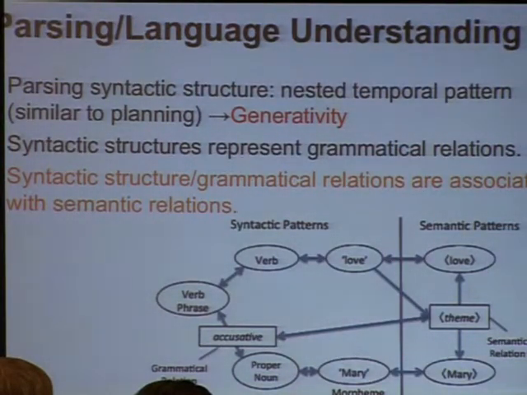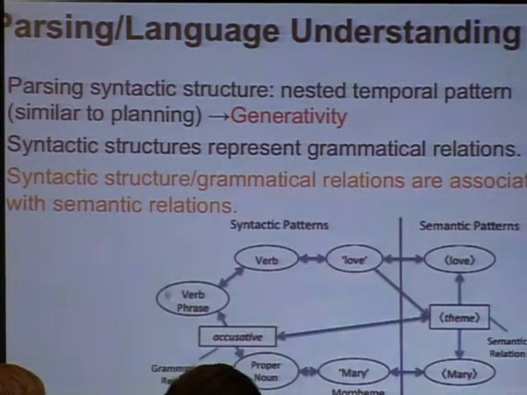So parsing is also realized with associative retrieval one by one. And in semantic analysis here, the key association is the association between grammatical function found in syntactic structure, like accusative here, and semantic relation, like theme here.